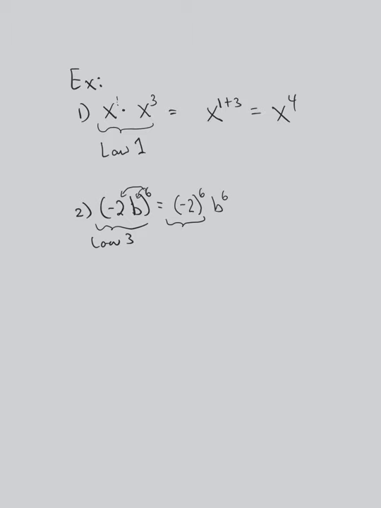But negative 2 to the 6th is actually 64, like that. But the key thing is if you type this on your calculator without the parentheses, it's going to give you negative 64. So you've got to be careful to include those parentheses whenever you have negative numbers, especially. Okay, so anyway, this would be 64 b to the 6th.